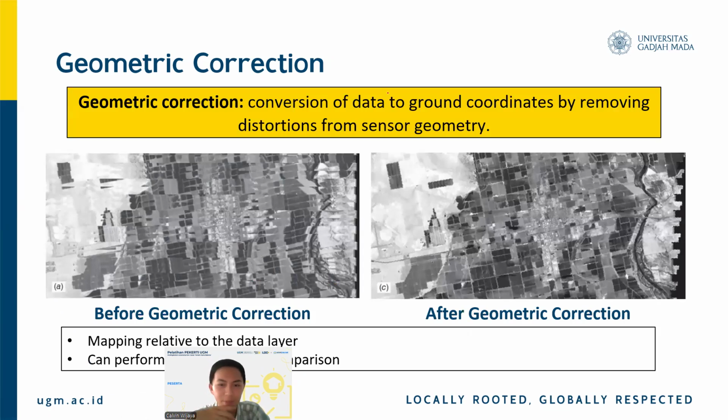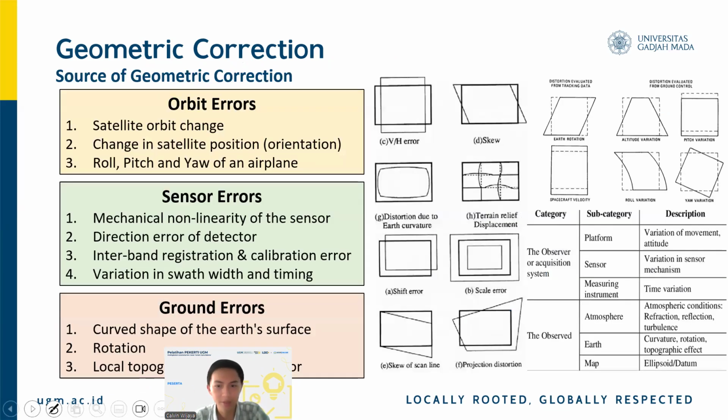So this is before geometric correction and after geometric correction, to correct the ground truth coordinates of the image. These are several sources of error. Maybe I will share these materials after this class. You can see there are several types of error from the orbits because Earth is rotating, and from the sensors on the satellite. There are ground errors that I said before.